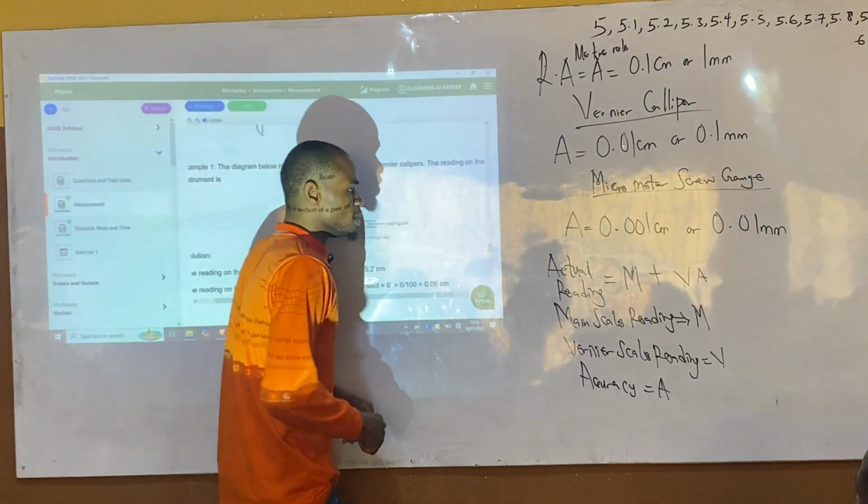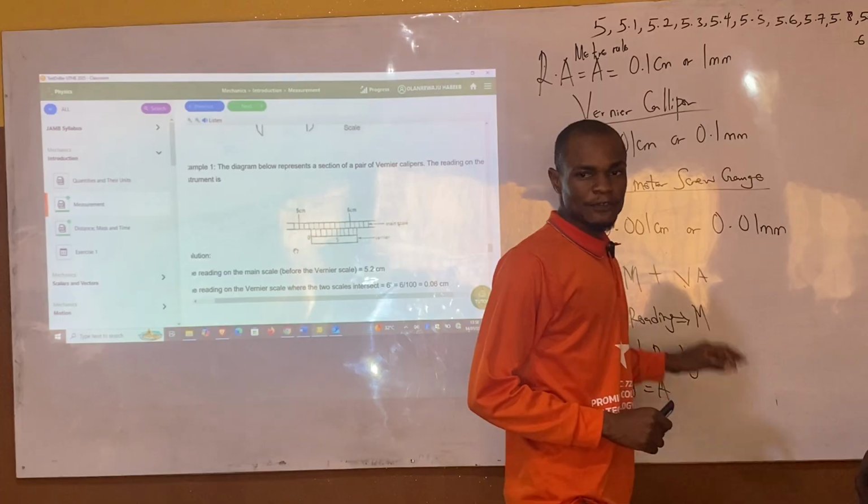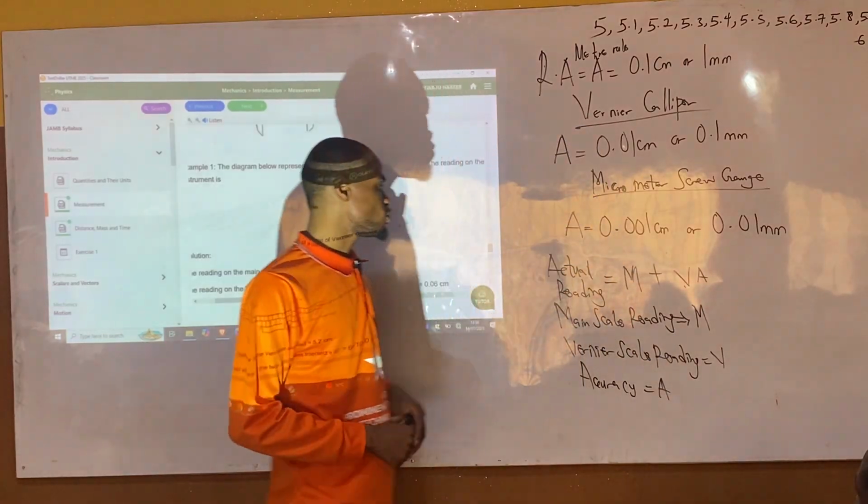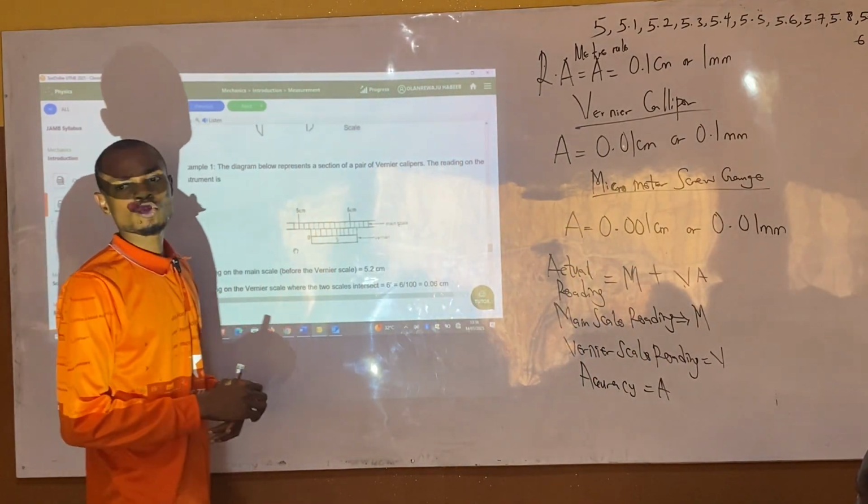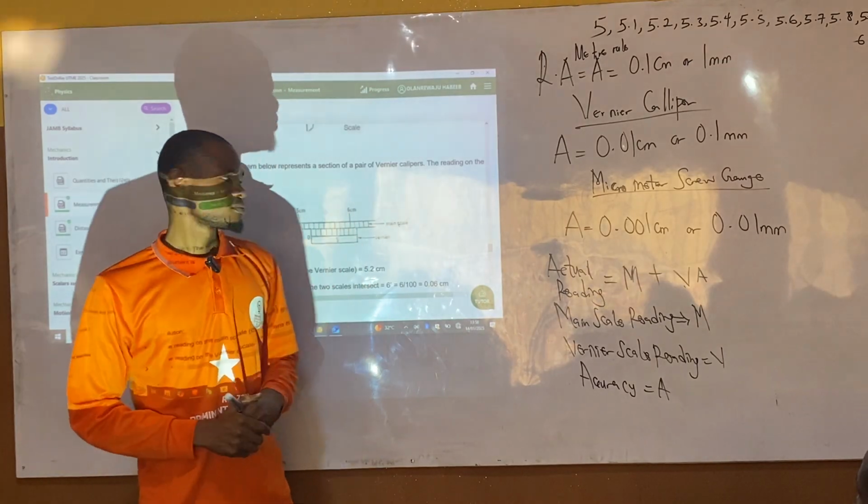Good. So this formula is used for vernier caliper and micrometer screw gauge. Let's now go through main scale reading.